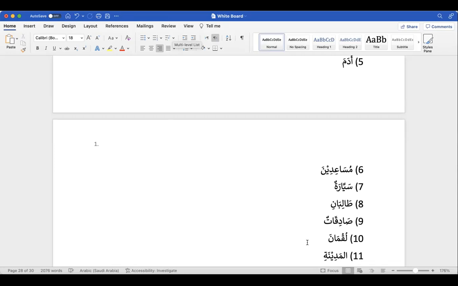Lukmana has an extra noon, but if you see it, it's not looking like Muslimani. Even if you don't know its name, suppose you are seeing Lukman for the first time, it does not look like Muslimani, Muslimuna or Muslimina. So there is something going on here. If it is followed by min Lukmana and you're not seeing a change in the harakat, you should understand this is partly flexible.